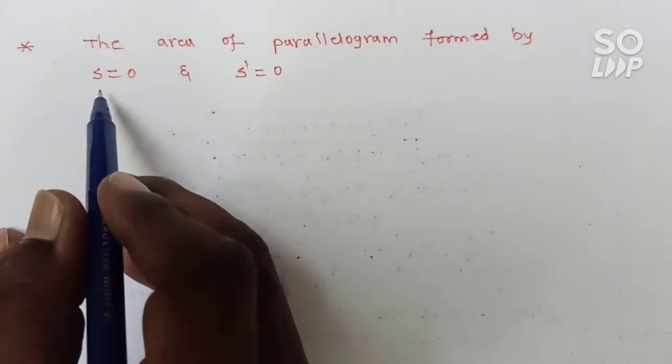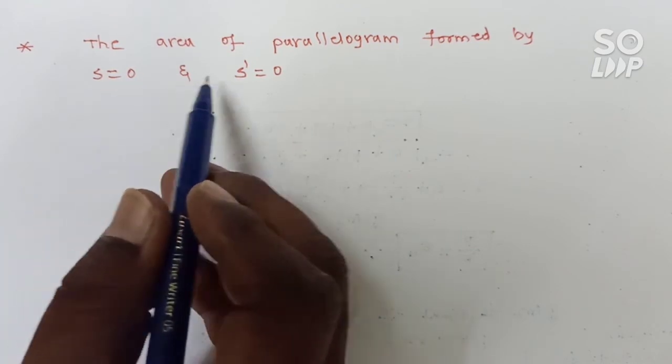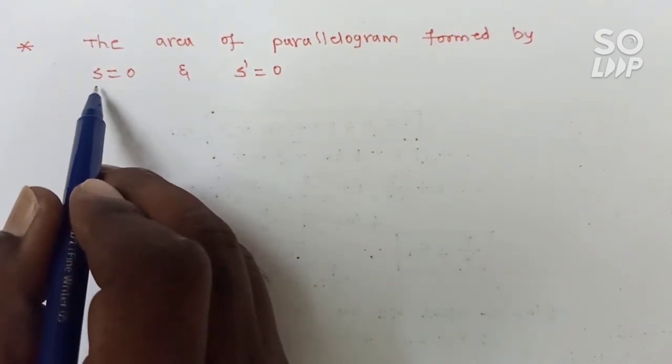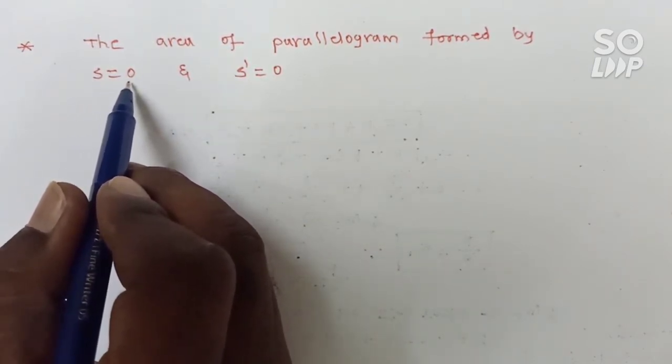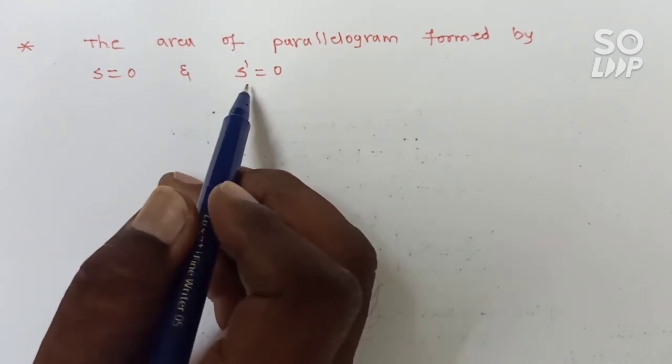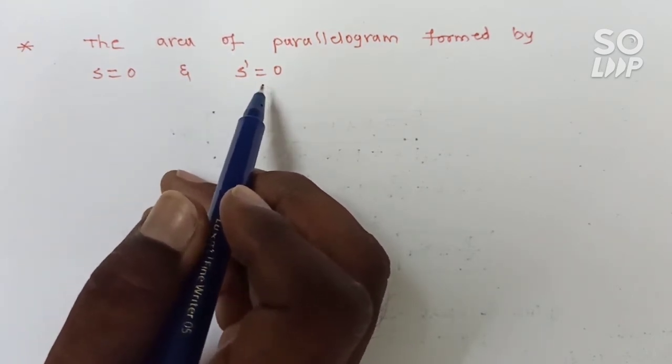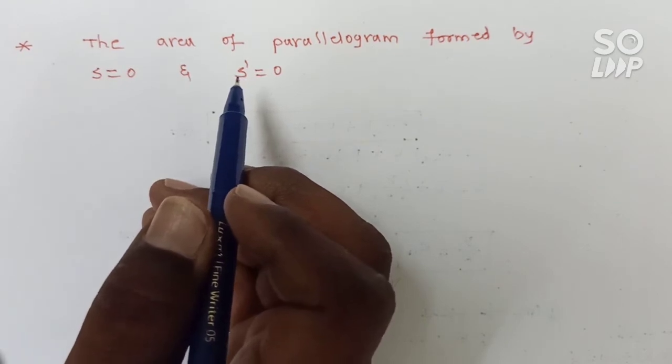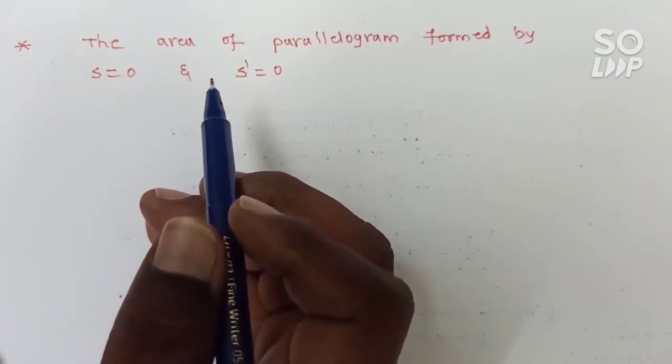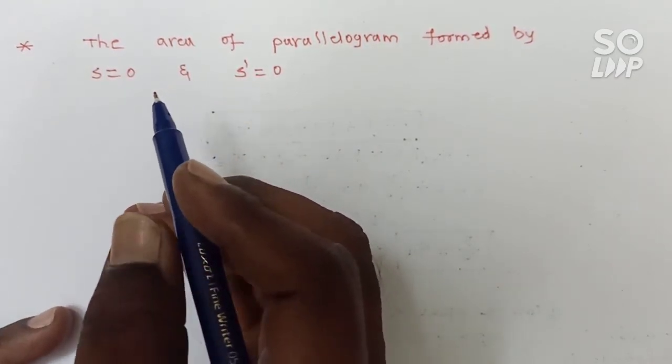Already I told you the meaning of S and S dash. S represents the homogeneous equation and S dash is the non-homogeneous equation.